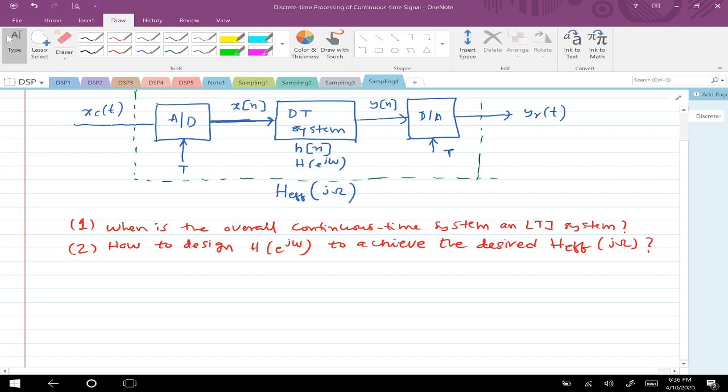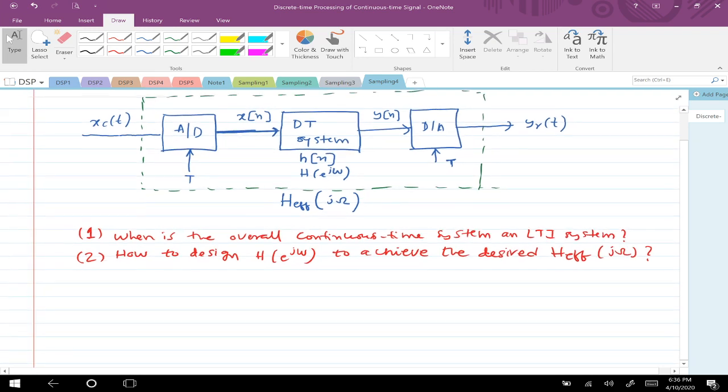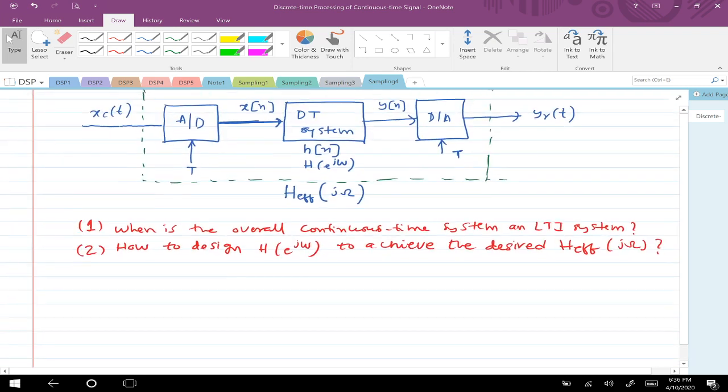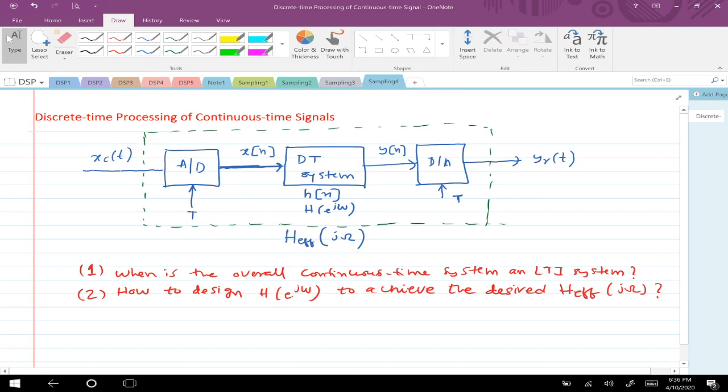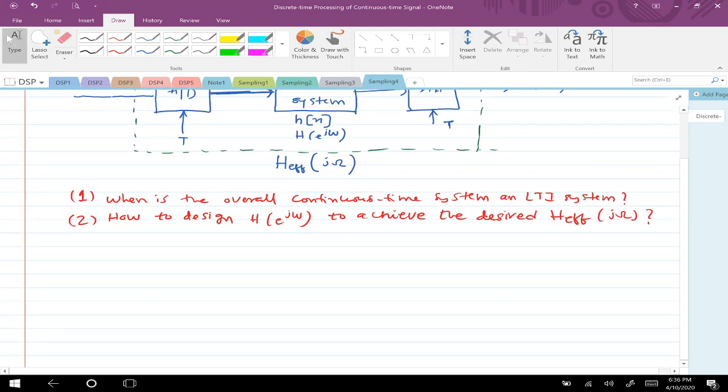Okay, so let's split this problem into three sub problems. First, let's take this first part of the whole block diagram, where you had as an input xc of t, you are doing some conversion, and you are getting x of n out of that.